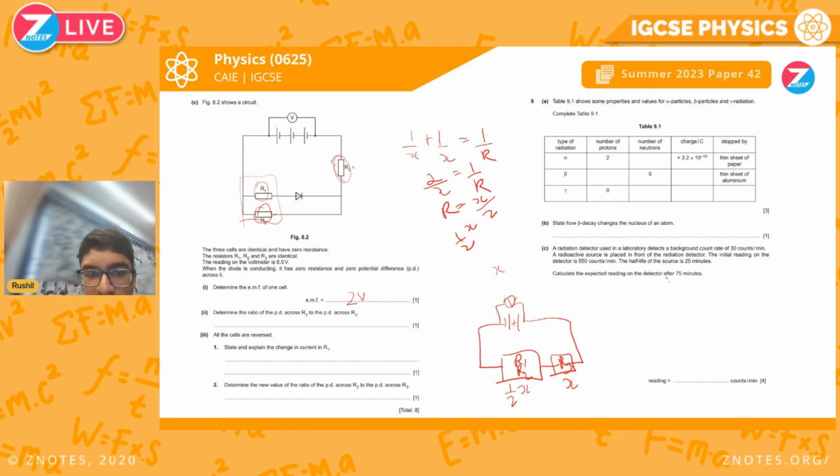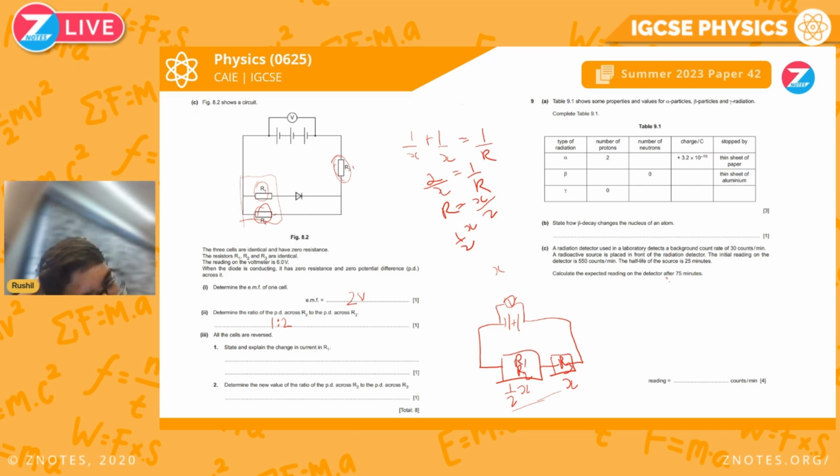So since the resistance of R3 is double that of R2, the ratio of R2 to R3 will be half is to 1, or we can just write it as 1 is to 2. Yeah, half is to 1 is the same as 1 is to 2.